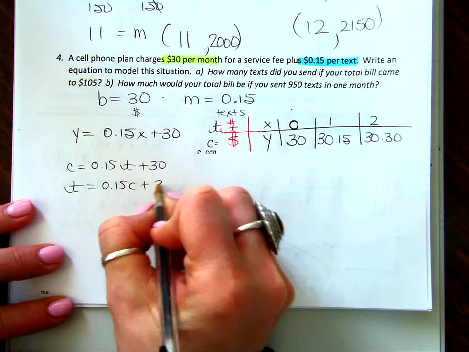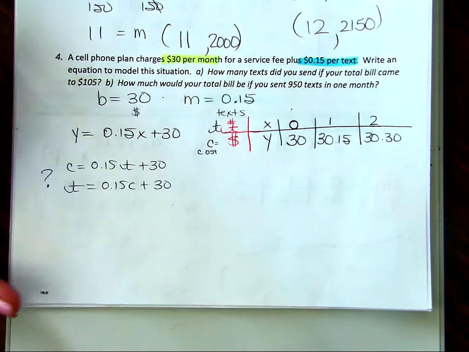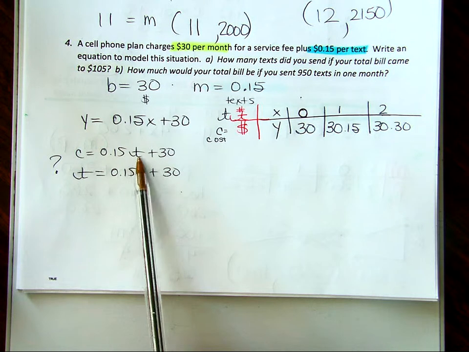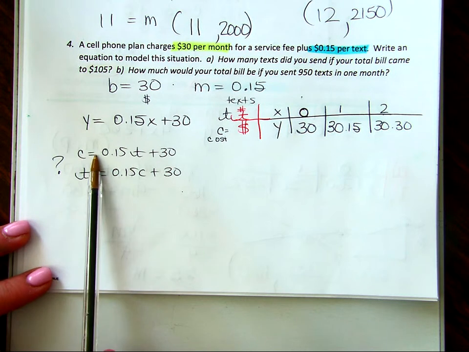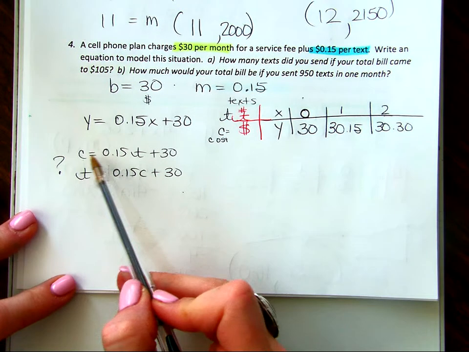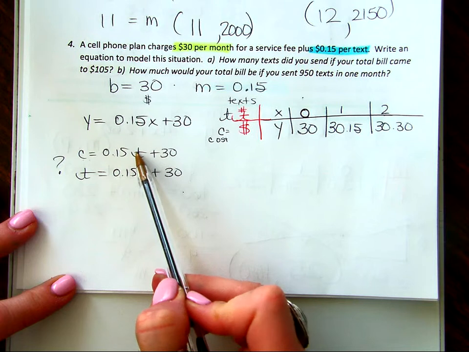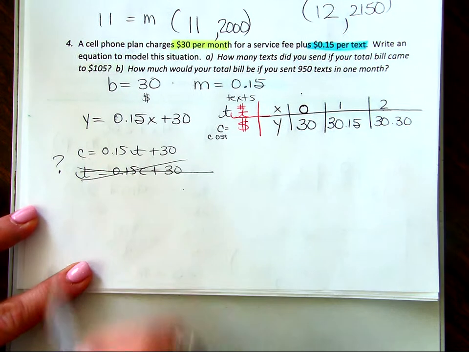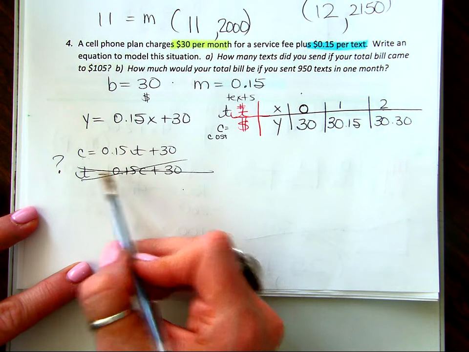Which one makes more sense? Yeah, the top one. Because your cost is equal to 15 cents per text plus your starting fee. I had people first hour put them in the wrong spot, which means it was wrong.